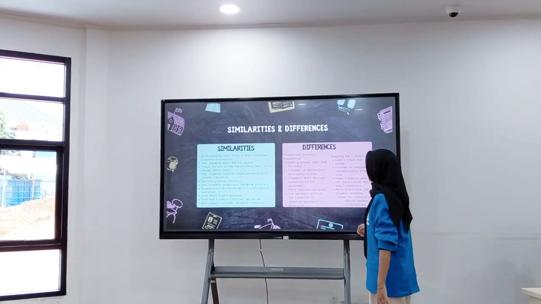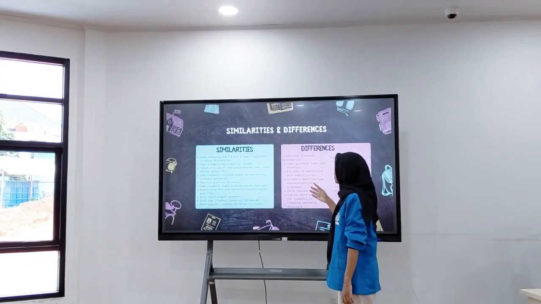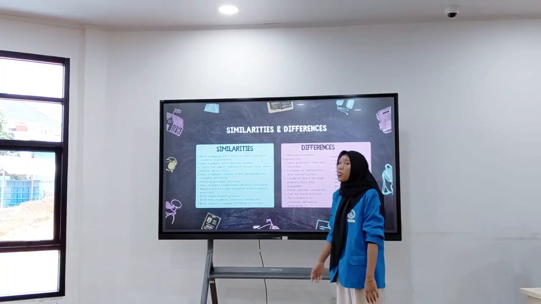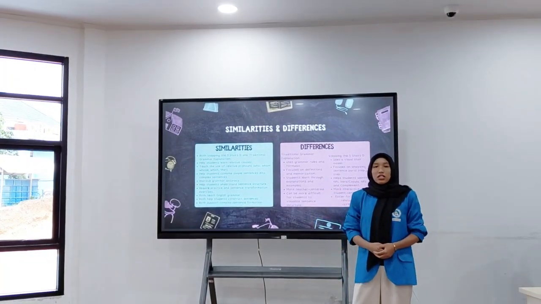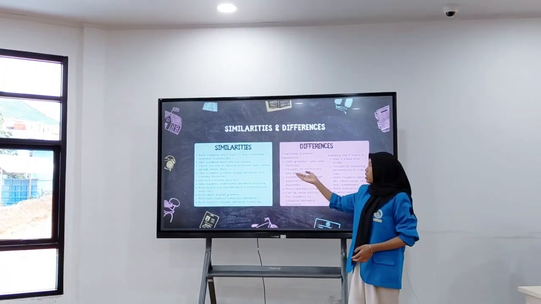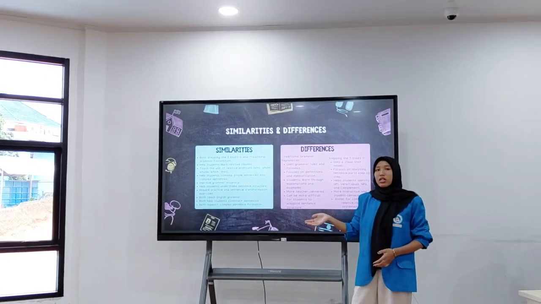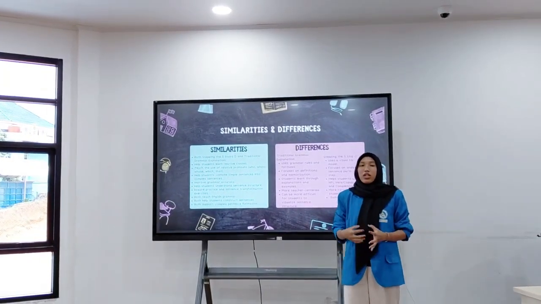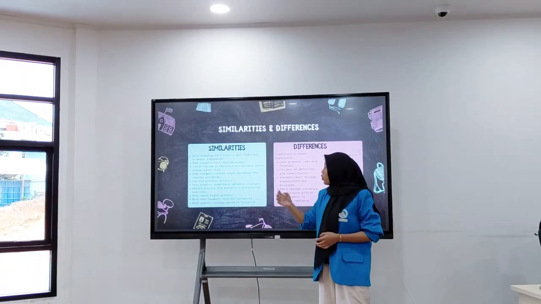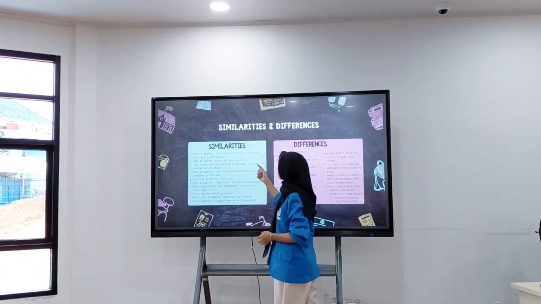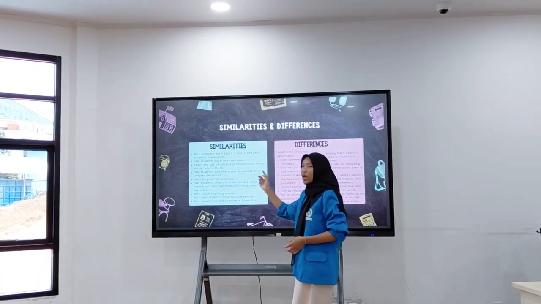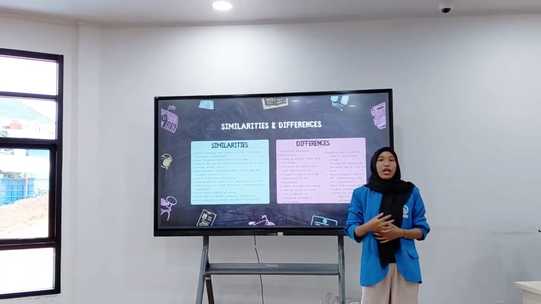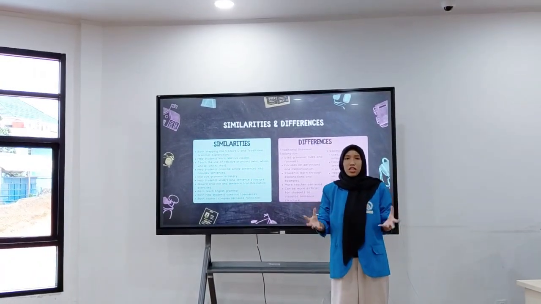Next, similarities and differences. Let's look at the similarities and differences. For the similarities, both methods teach English grammar, teach relative pronouns like who, whom, whose, which, and that, and help us make complex sentences.